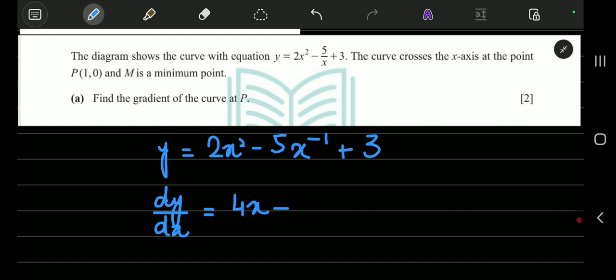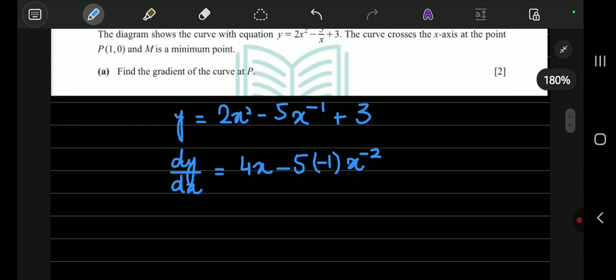So minus 5 multiplied by minus 1 x to the power minus 2, plus 0, because the derivative of 3 is 0. So it will give you 4x plus 5 over x squared.